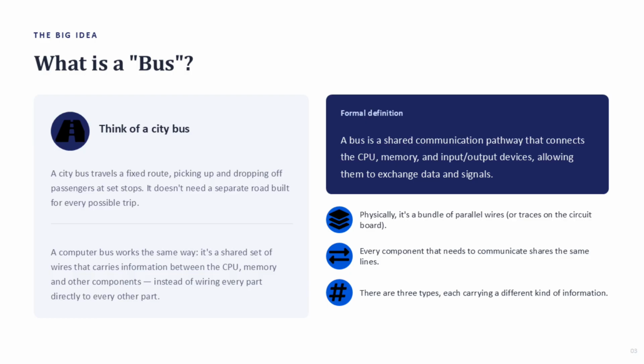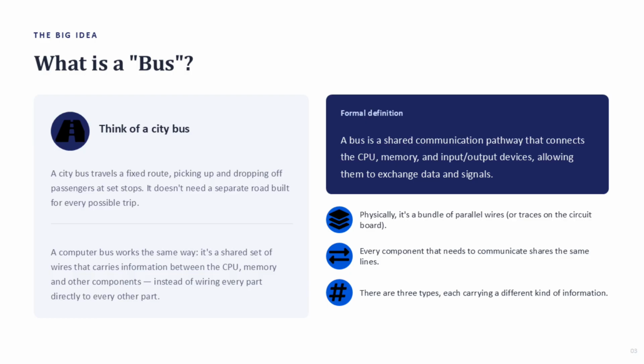A computer bus is a shared communication pathway that connects the CPU, memory, and input output devices, allowing them to exchange data and control signals efficiently. Notice the word shared. This is extremely important.